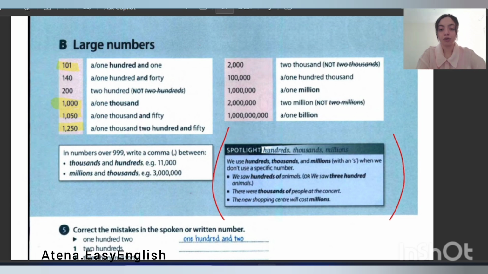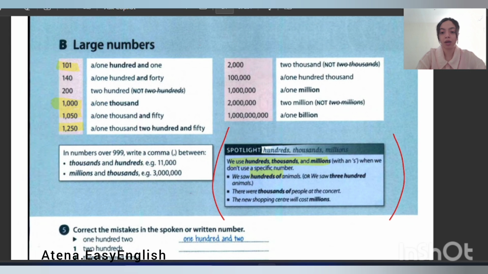We use hundreds, thousands, and millions when we don't use a specific number. Look at here. We saw hundreds of animals. So with the preposition of, we use s. For example, there were thousands of people in the street. Thousands of people, hundreds of animals.